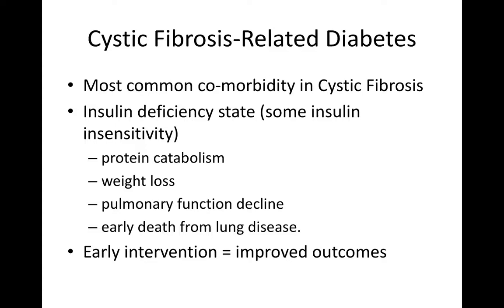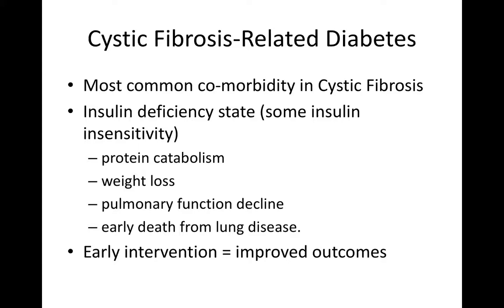Then as time goes on, those enzymes that aren't being squirted out into the gut to digest the food, because of the cystic fibrosis, are just staying on the pancreas and bathing the pancreas in the enzyme. That enzyme basically chews up the pancreas and destroys the insulin-making cells. So over time, as a person grows with cystic fibrosis, their insulin-making cells are dying and they become insulin deficient.